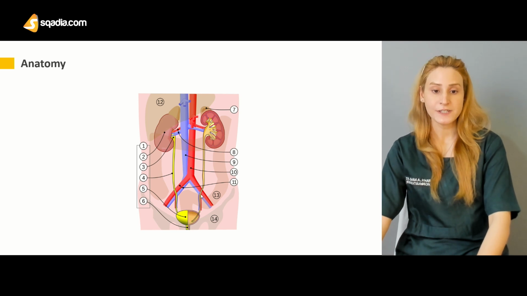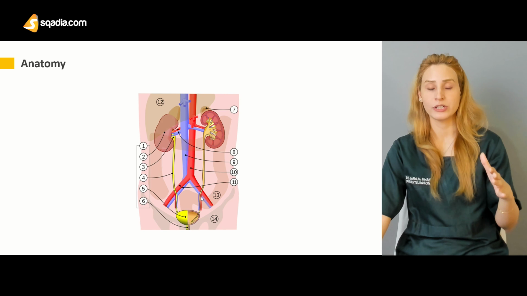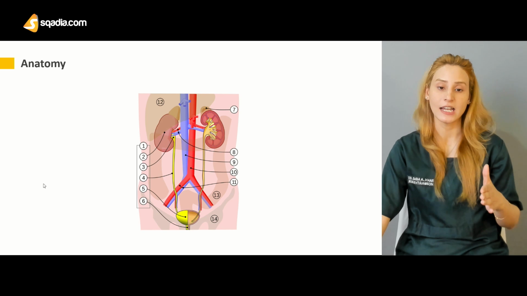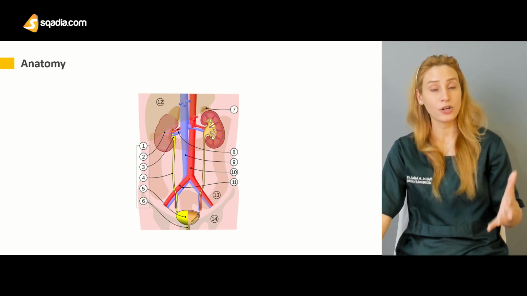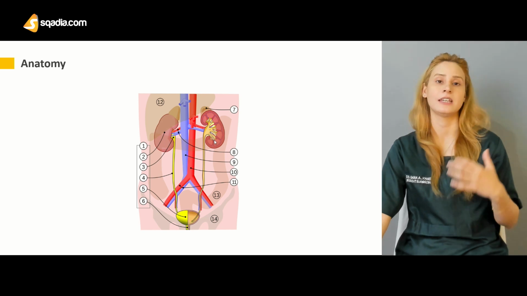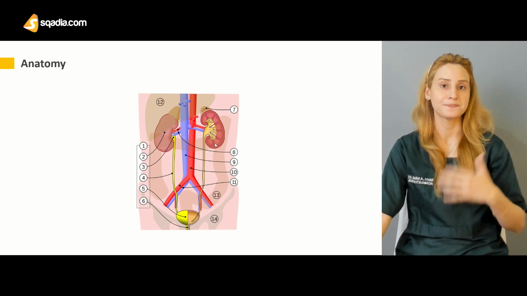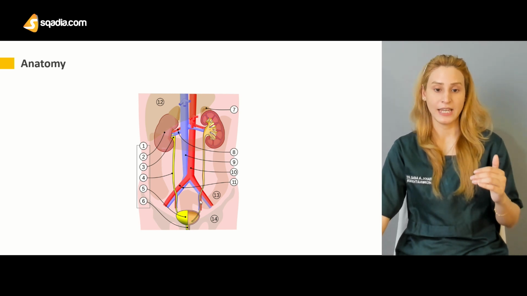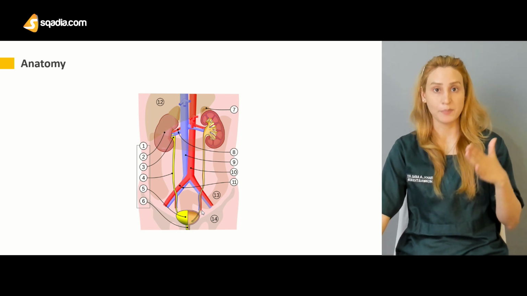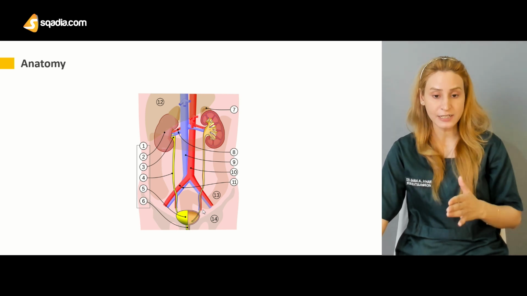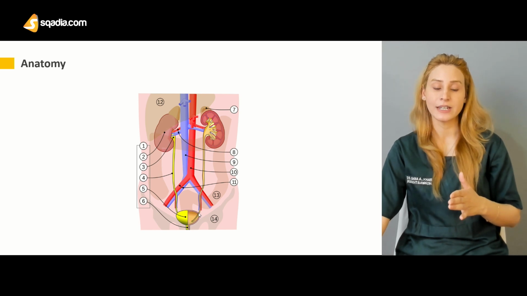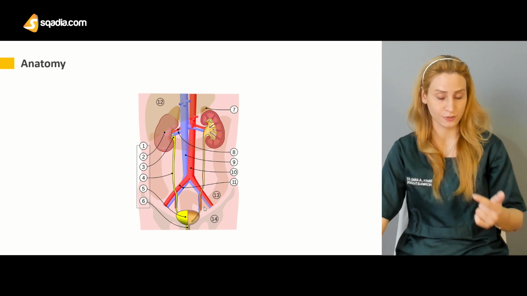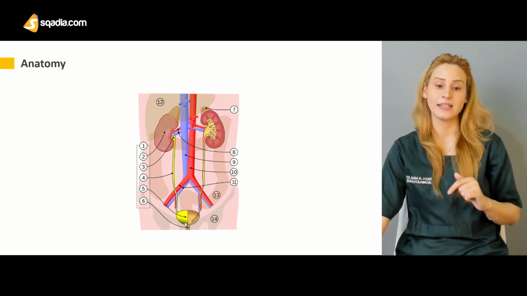These ureters have some important constrictions on their way. I'm not going to go into the details of where these constrictions lie, but they are important when you're discussing stones or hydronephrosis. They come all the way down, and these ureters bilaterally take an oblique course and enter the trigone of the bladder, which is the posterior surface of the bladder, combining with the detrusor muscle.